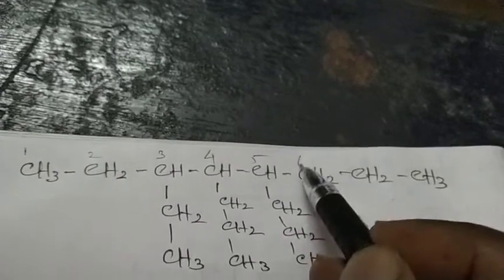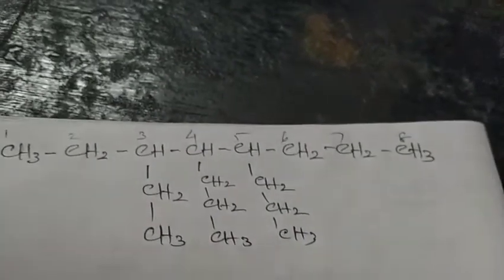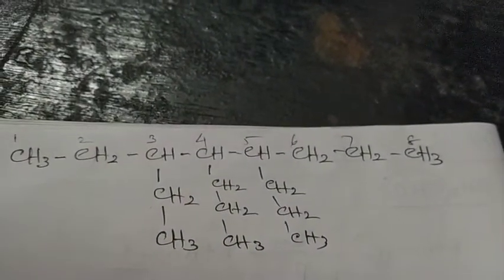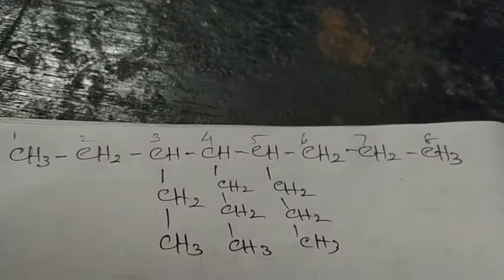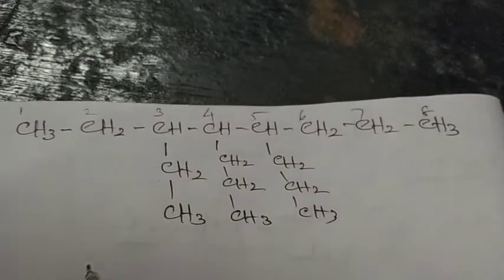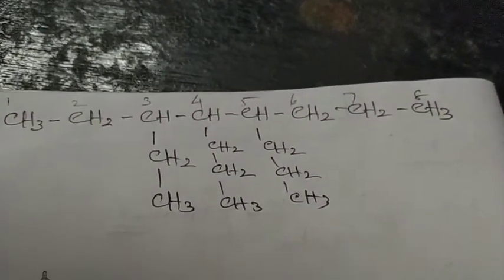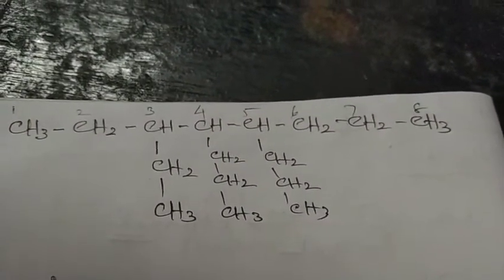So here see, we have to number the carbon atoms. We take the linear pattern. Number the carbon atoms 1, 2, 3, 4, 5, 6, 7, 8. Eight carbons are there in the longest chain of this carbon compound. So 8 carbons, what is the parent hydrocarbon?